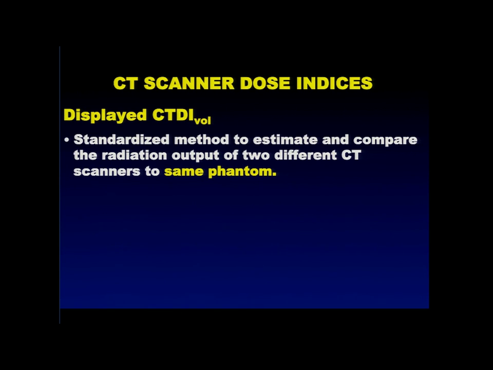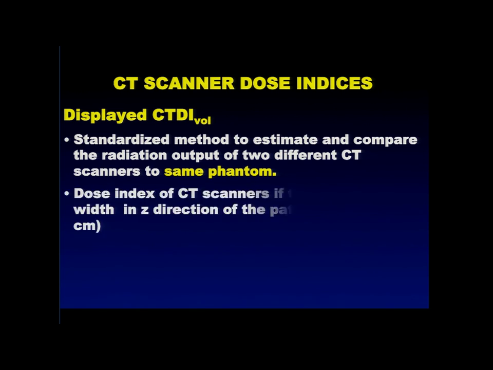Okay, so what is CTDI vol? I've said it's not a patient dose. Why was it developed? Well, it was simply developed to give us a standard method to estimate and compare the radiation output of 2 different CT scanners to the same phantom. That's helpful to know if you're buying a new CT scanner. But that was the only purpose of CTDI vol.